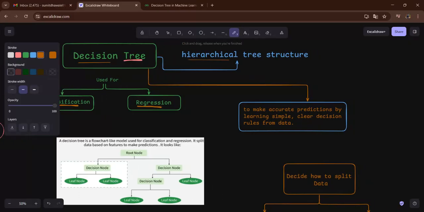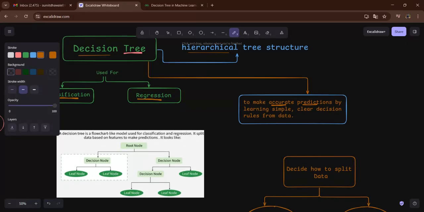It makes accurate decisions or predictions by learning simple and clear decision rules from the data. We will see a simple example so you can get a better idea.